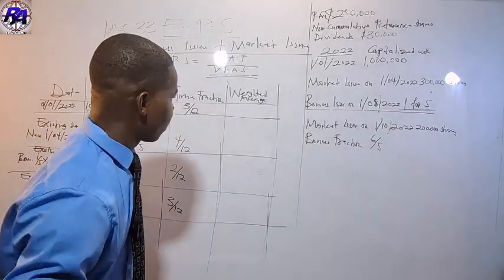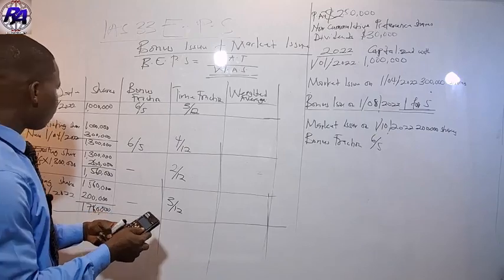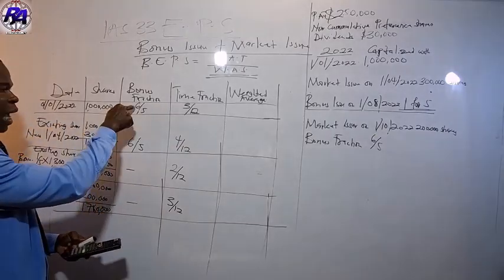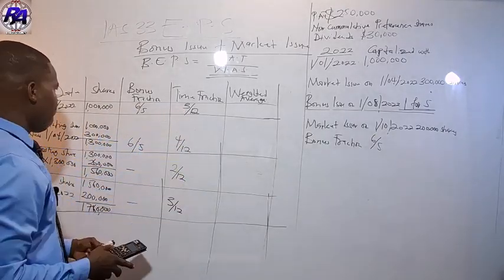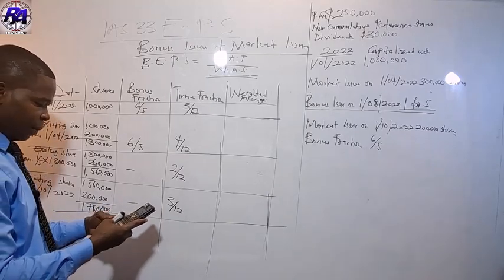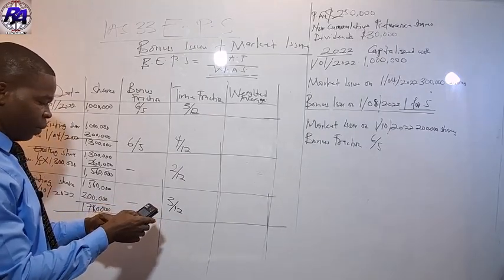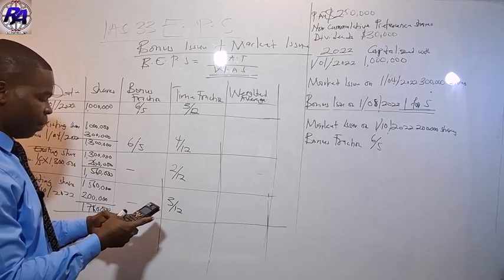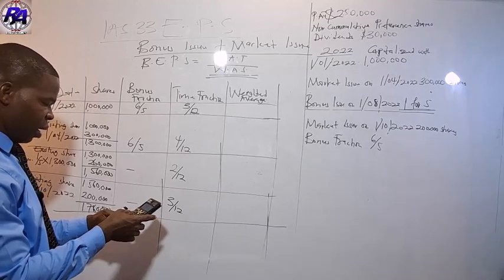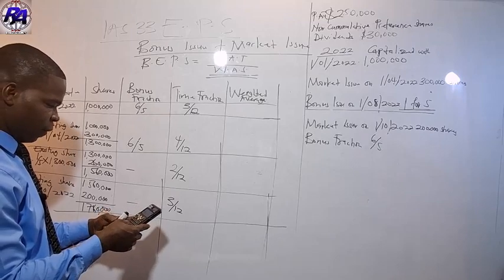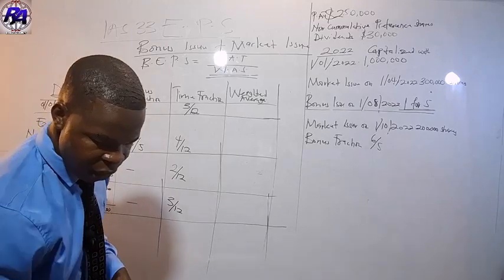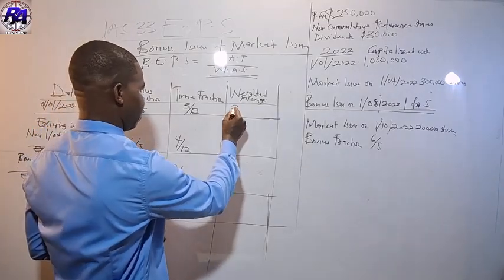Now let's do the computation. So it's going to be 100,000 times this, okay? So 1 million times 6/5, which is the bonus fraction, times my time fraction of 3 on 12. So that is giving us 300,000 over here.